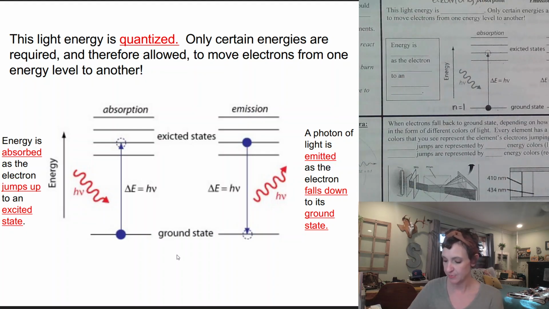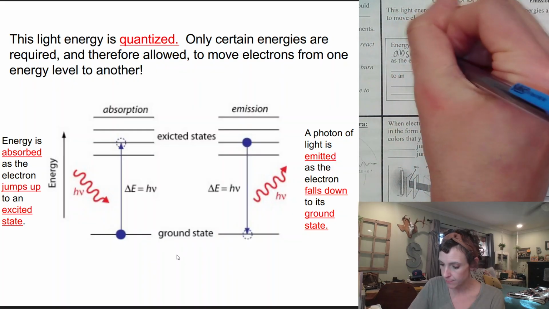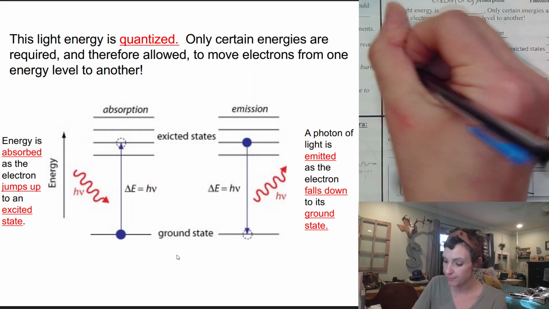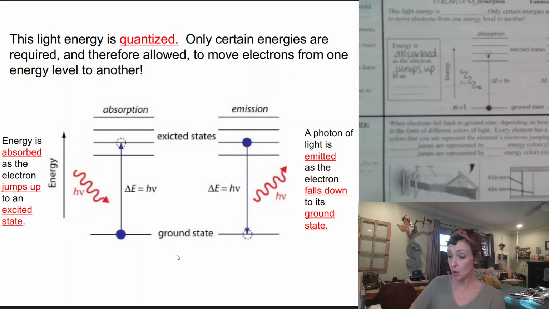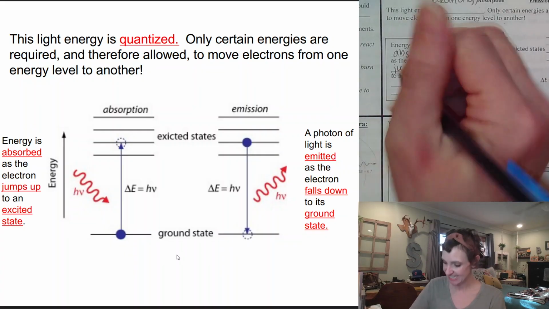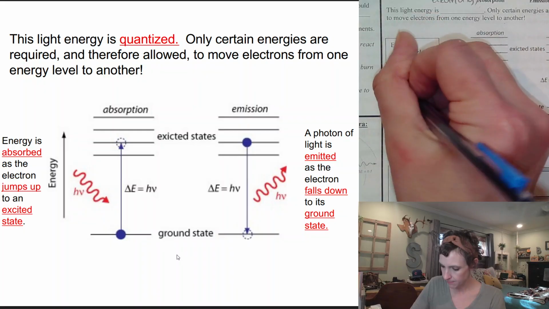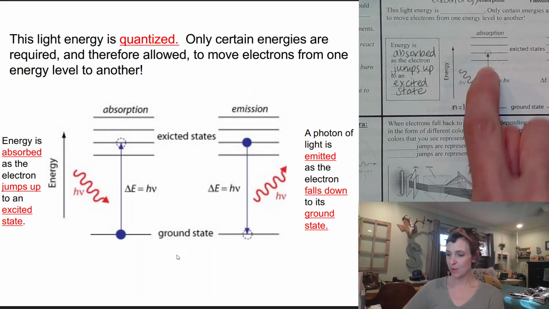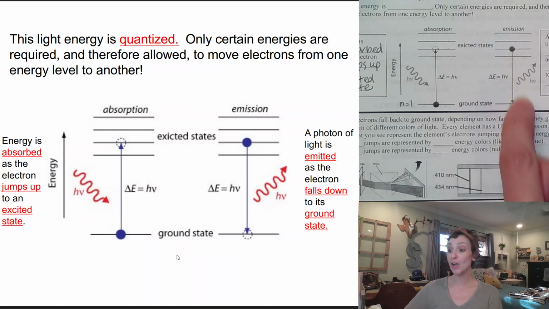So we're going to summarize right here. It says energy is absorbed as the electron jumps up to an excited state. And then once he gets done being at his excited state, he then falls back down.